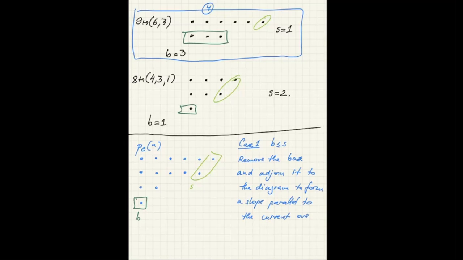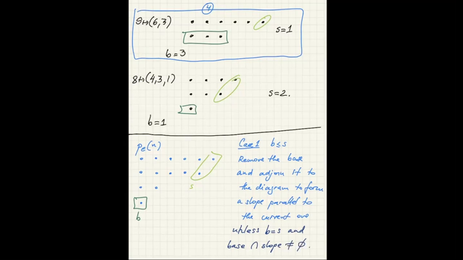Unless, so we do that all the time, unless there's one case when we don't do that, unless b equals s, I'll deal with this in a second, and base and slope intersect. So their intersection, there is a point.